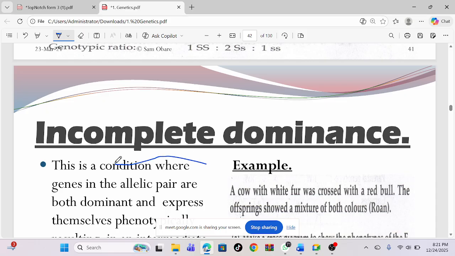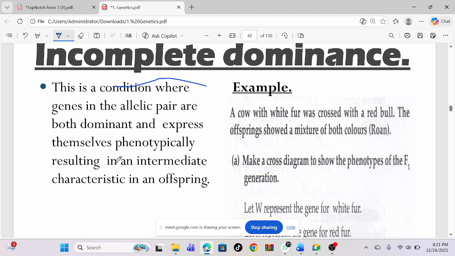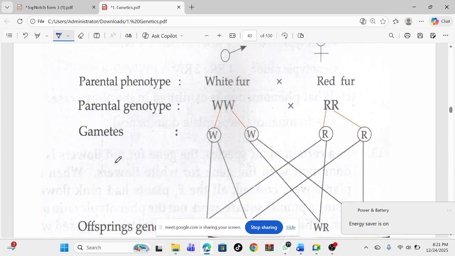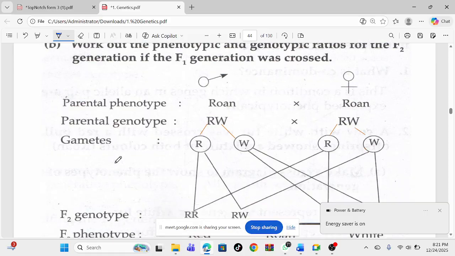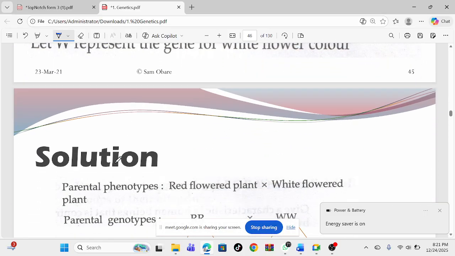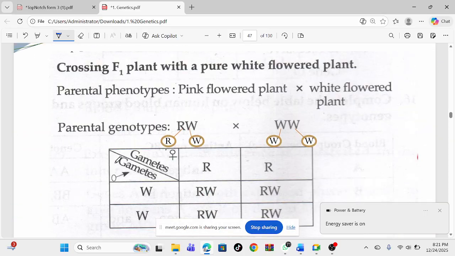Tulipitia kwa incomplete dominance. So tofauti ya incomplete dominance na codominance ni nimekuambia these are three things unafaa uelewe: complete dominance, incomplete dominance and codominance. Nimekuambia nini? Complete dominance, incomplete dominance and codominance.